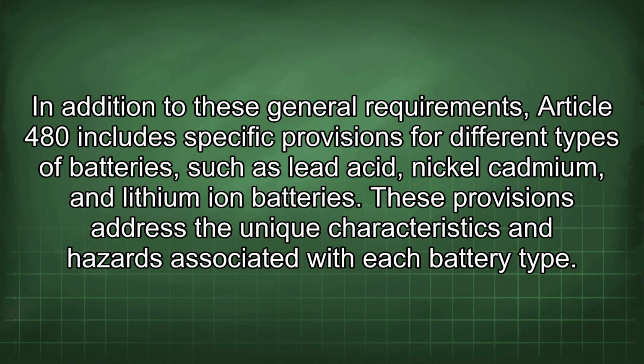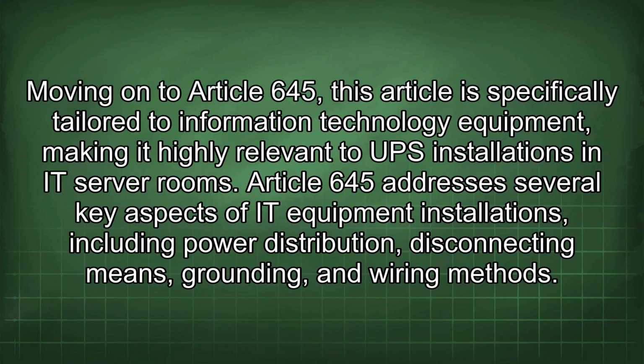These provisions address the unique characteristics and hazards associated with each battery type. Moving on to Article 645, this article is specifically tailored to information technology equipment, making it highly relevant to UPS installations in IT server rooms.